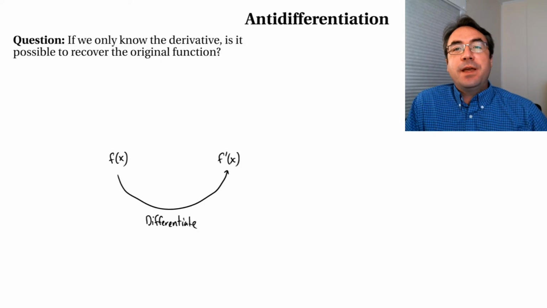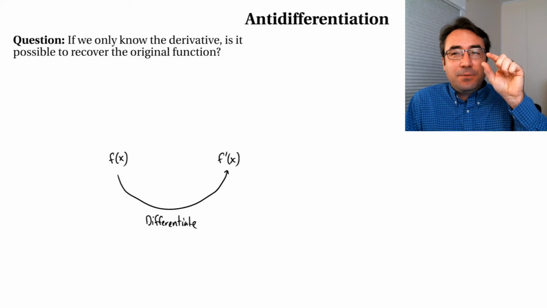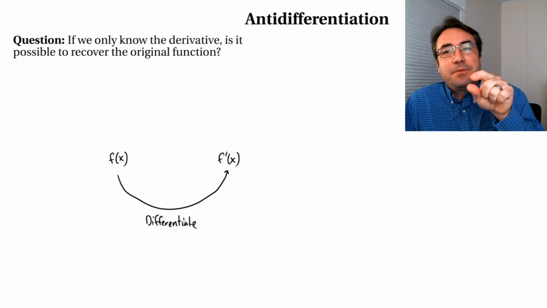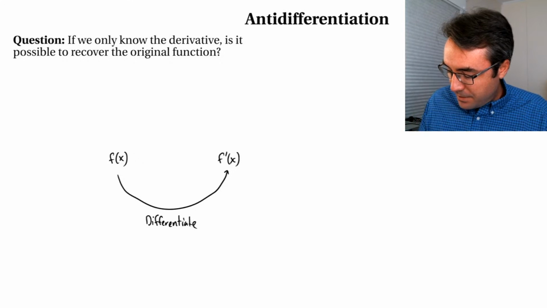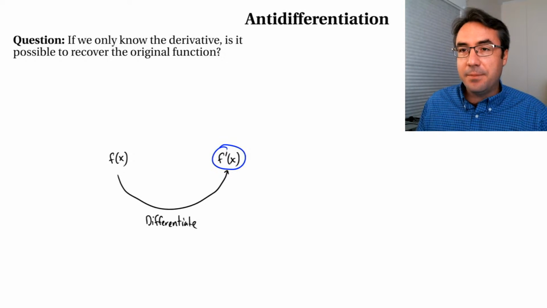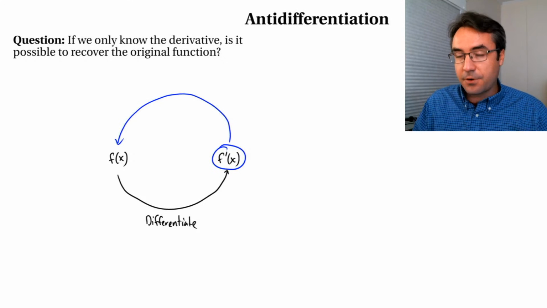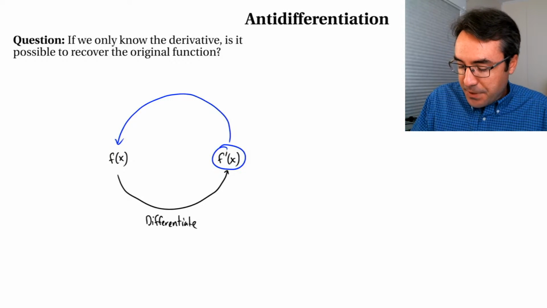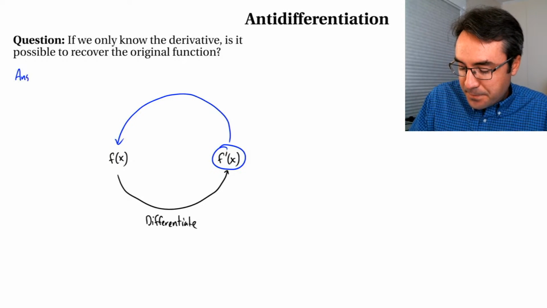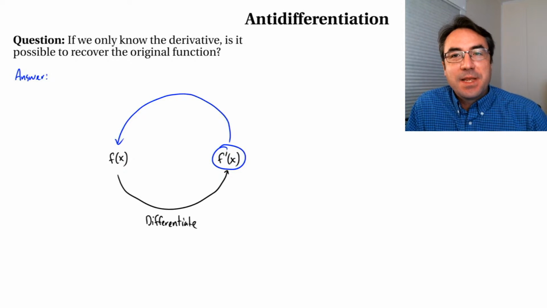And so the motivating question for this section here is, what if we started with the derivative? Could we go backwards? So if we started with f prime, is it possible to recover the original function f of x? And so the answer is almost satisfying.